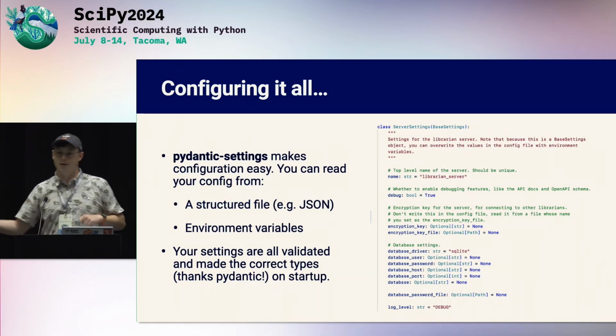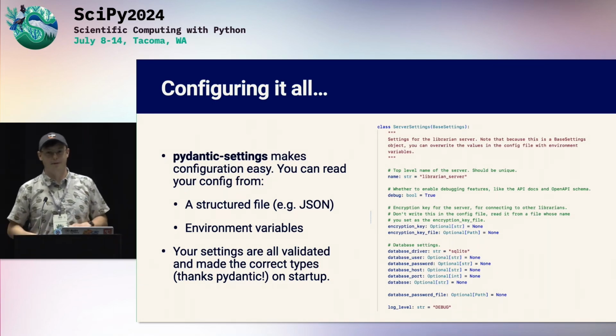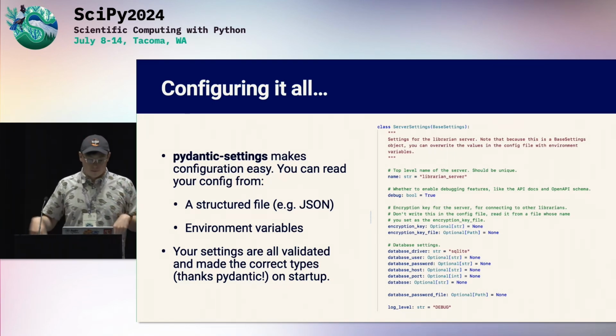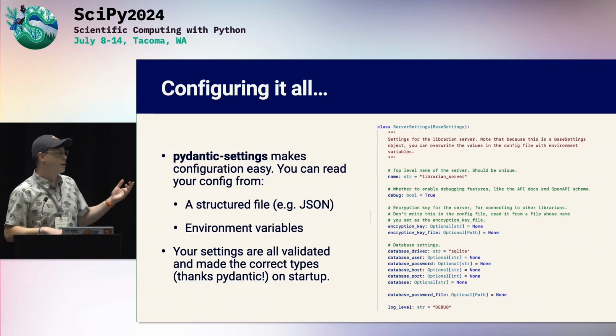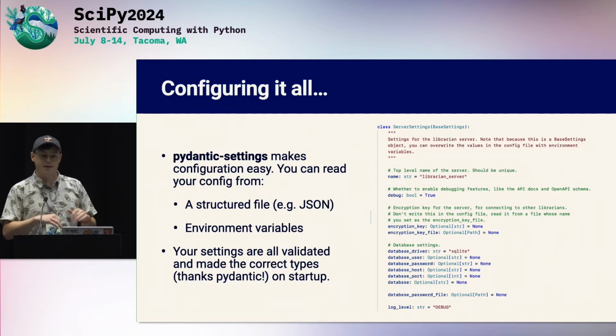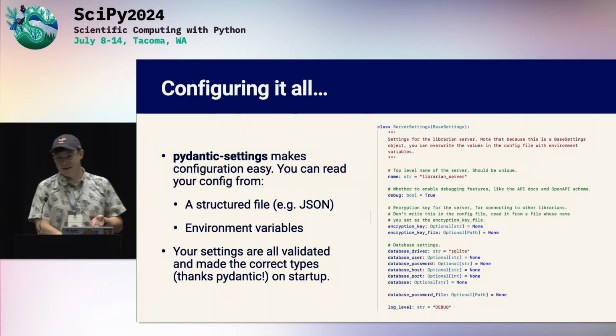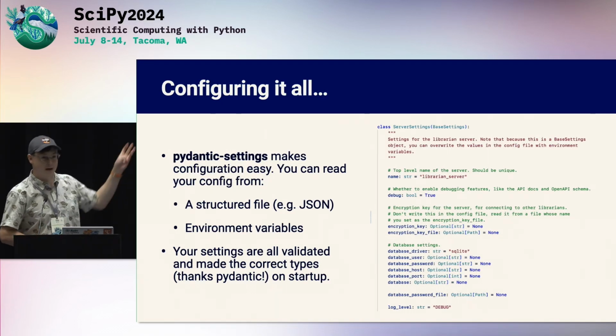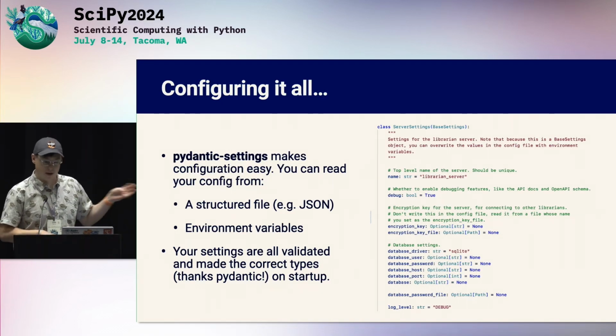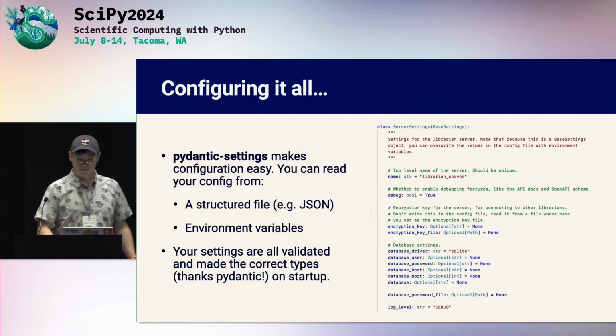So things like your database password file, the name of your server. These are much easier to configure using environment variables than by actually changing the files. So with all of these pieces put together, a web server, a way of tracking the metadata persistently, a background task scheduler, and some way to put the right strings in the right places, we have the Librarian service.